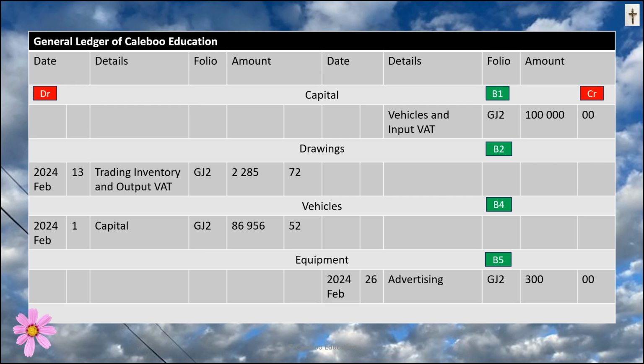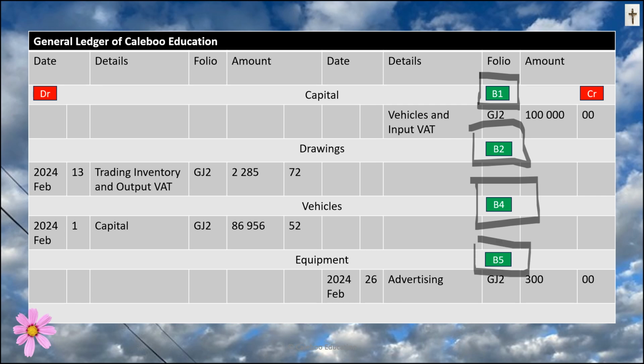This here is a copy of the general ledger with all the transactions completed. Remember, I did the general ledger for each transaction. Here are the folios for each ledger account. I got those folios from a previous month's trial balance.